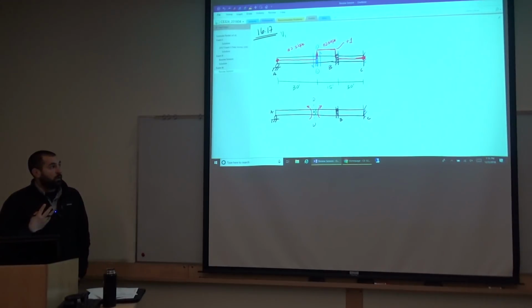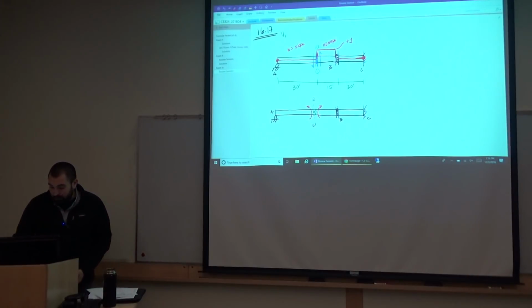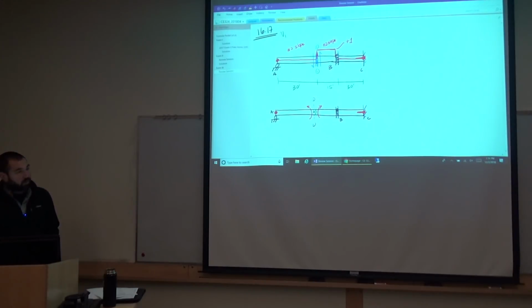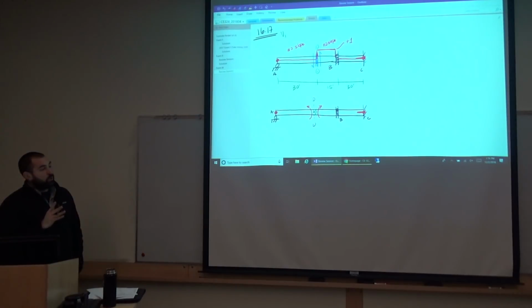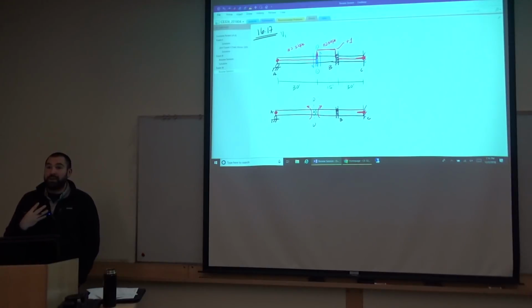In order to do that, we need to draw all of our boundary conditions just like we did before. So no deflection at A, but it could rotate. No deflection at C, and thick horizontal line because it also cannot rotate. So let's talk about it. There's only really two options for the segment from A to the point of interest. What are the two different shapes that it could be?